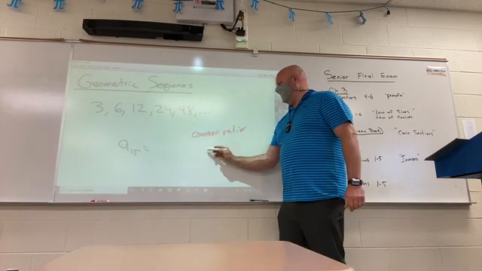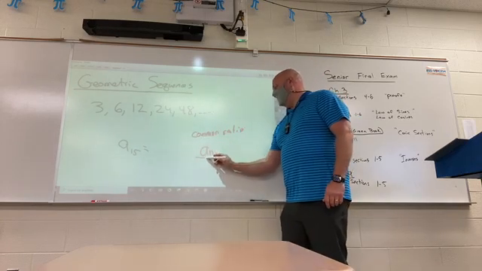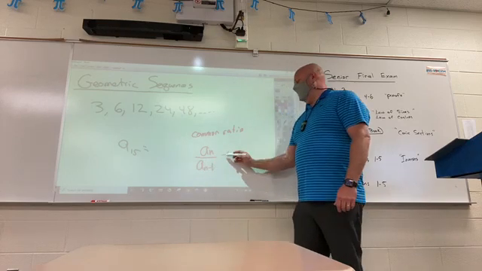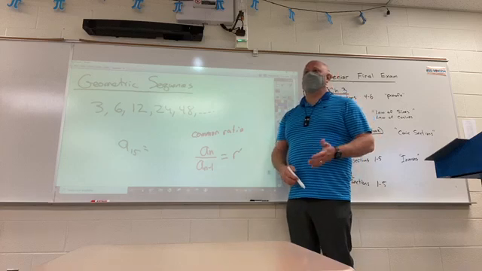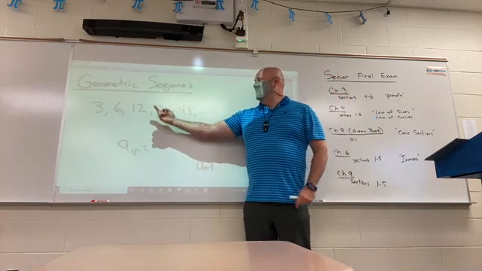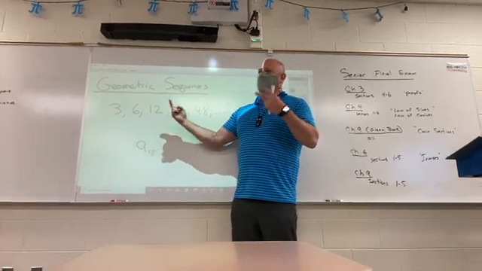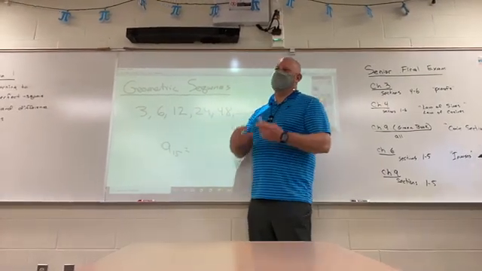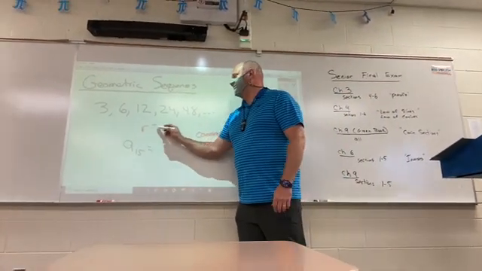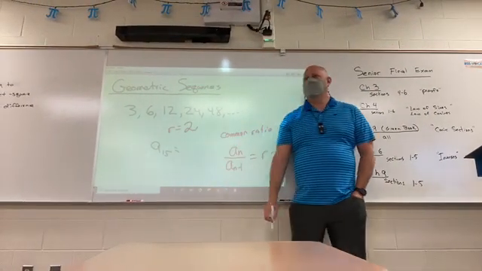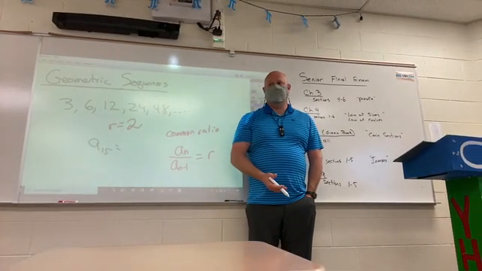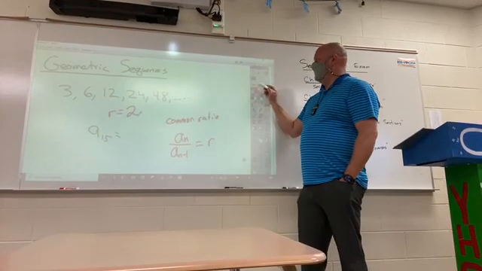If I take any term and divide it by the term before it, I will get the same ratio all the time. If I divide 48 by 24, I'm going to get 2. If I go 24 divided by 12, I'll get 2, right? 12 divided by 6, I'll get 2. So in this case, my common ratio is 2. So we don't have a common difference, but we have a common ratio. So that's one difference.